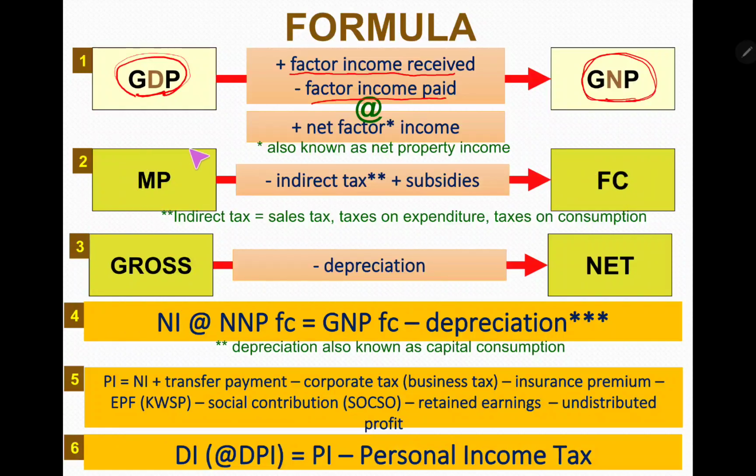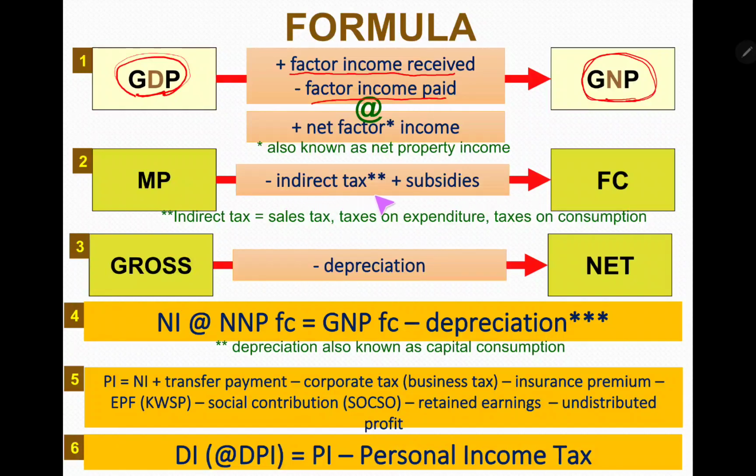So how can you change or move back from market price to get the value in the form of factor cost is you need to minus indirect tax and plus subsidies. So market price, the value of the goods at market price, you need to minus indirect tax and you plus subsidies, and it will represent the value at factor cost.